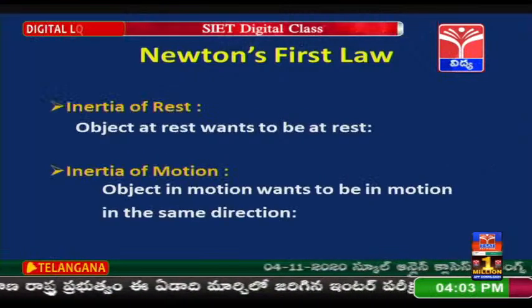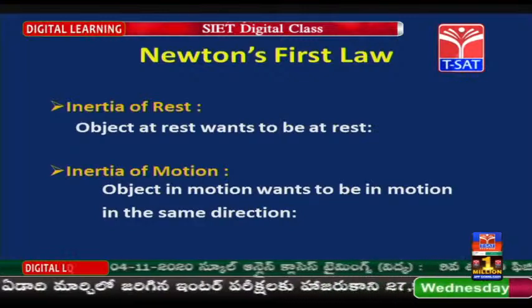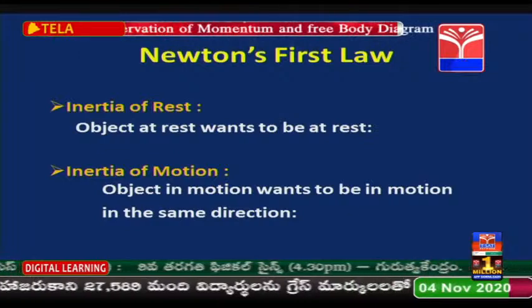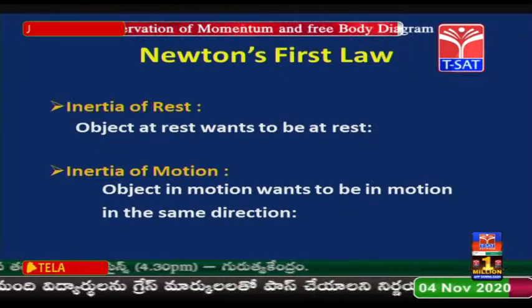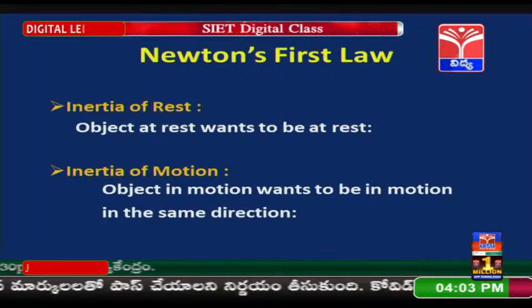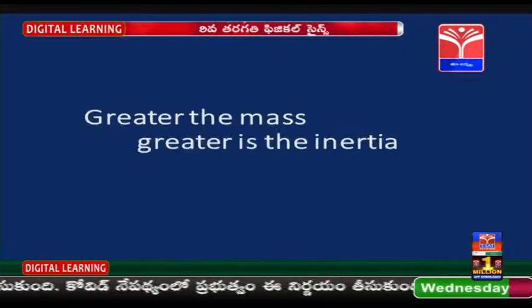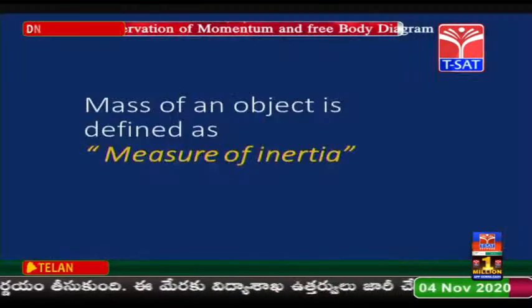The first part, that is object at rest wants to be at rest, is called inertia of rest, and object in motion wants to be in motion in the same direction is called inertia of motion. Greater the mass, greater is the inertia, and we can define mass as the measure of inertia.